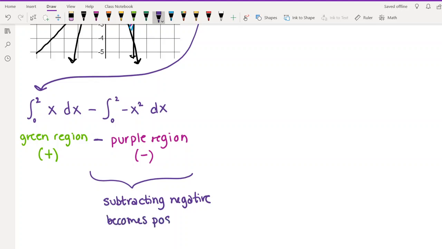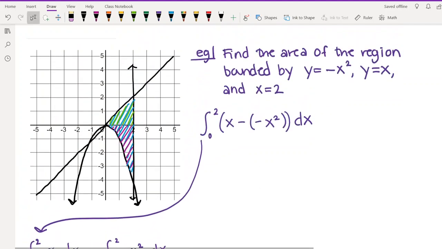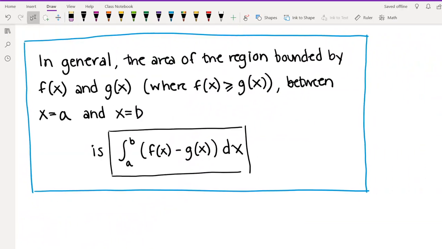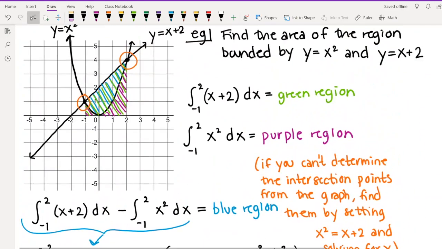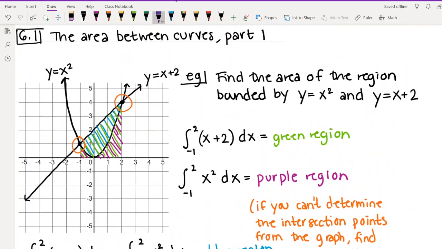Basically, because of the way we have this formula set up, because you're always doing the top function minus the bottom function, if they're both positive, like in the last example, you have your bigger area and you take away some of the area under it, a positive number minus another positive number.